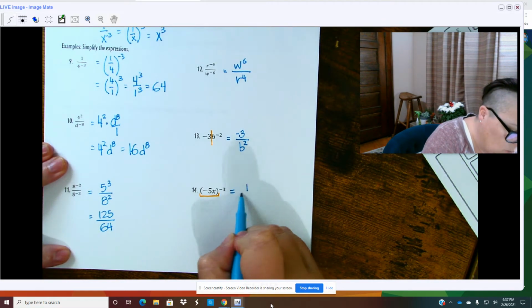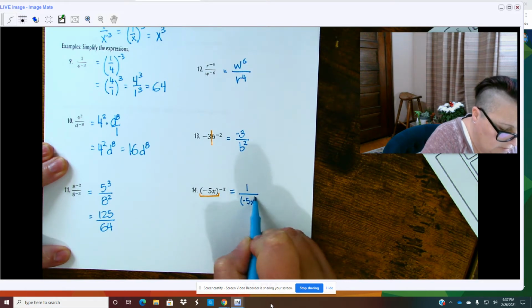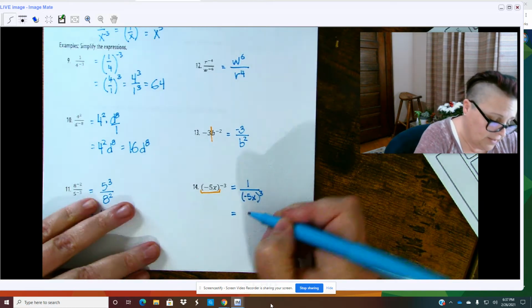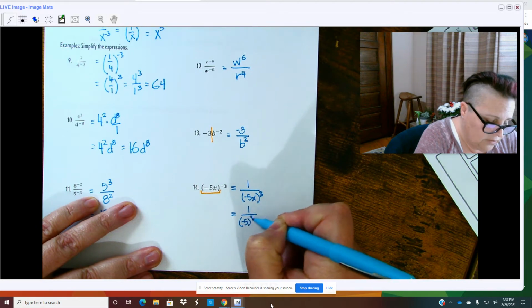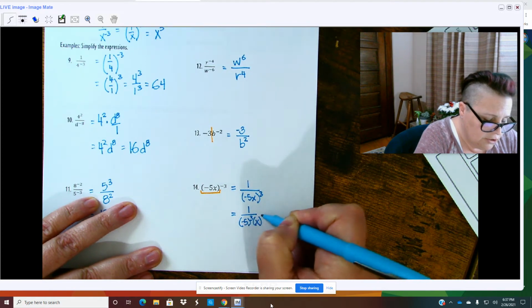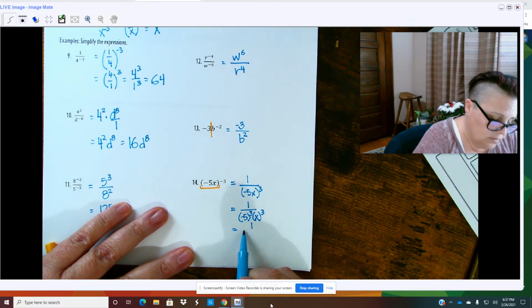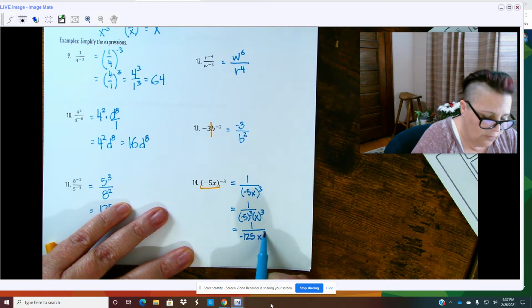So this would be a 1 over negative 5x, all of this to the third. And if I'm being asked to simplify this further, that would be a negative 5 to the third and an x to the third, which would be 1 over a negative 125 x to the third.